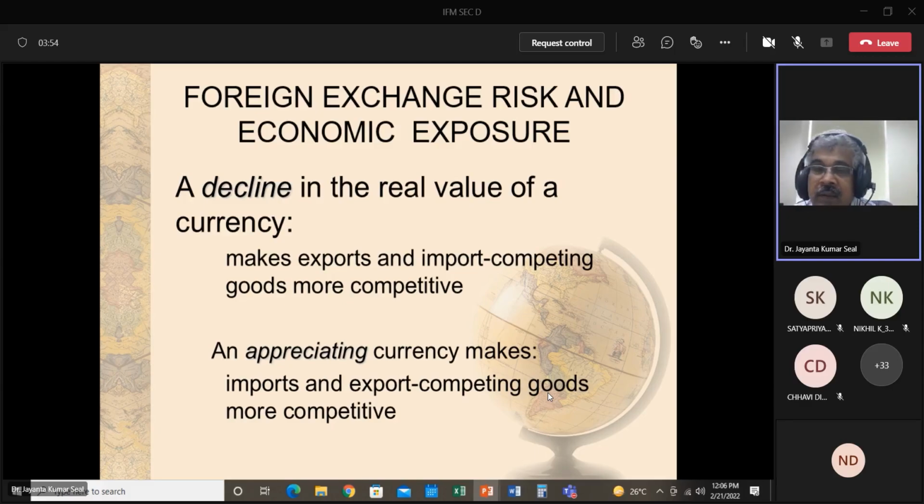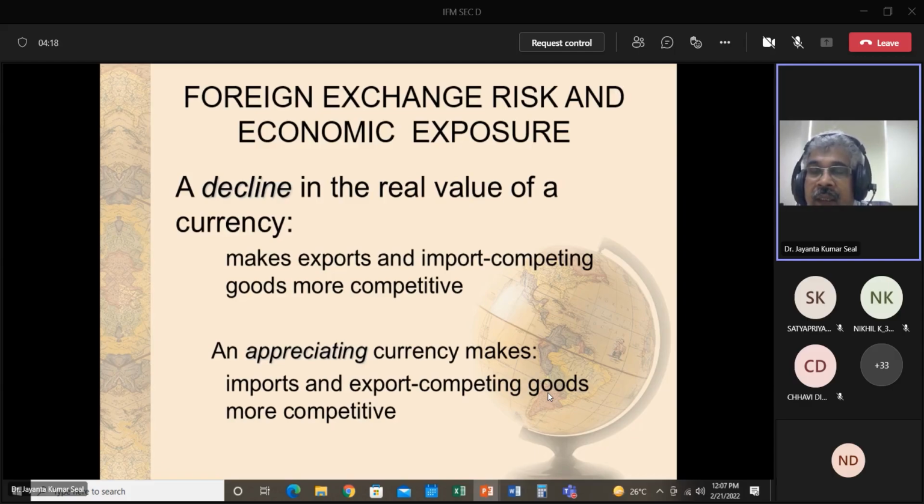Not only that, similarly, import competing goods become more competitive. For example, I am not exporting, but I am competing with goods which are imported in India, like Indian tea and Sri Lankan tea. Suppose Indian tea is 75 rupees a kilo.